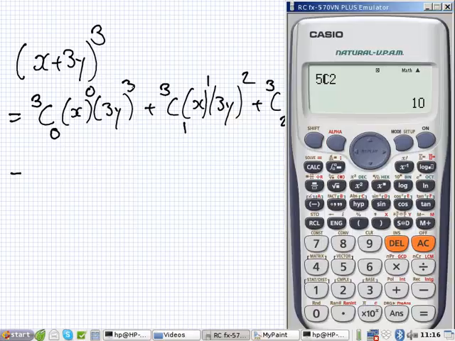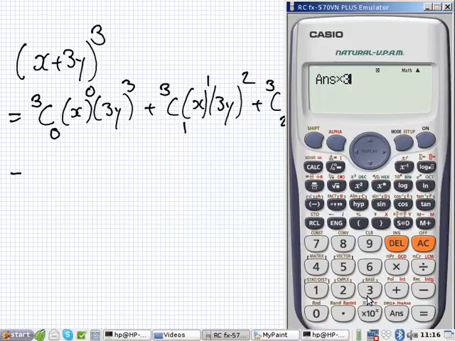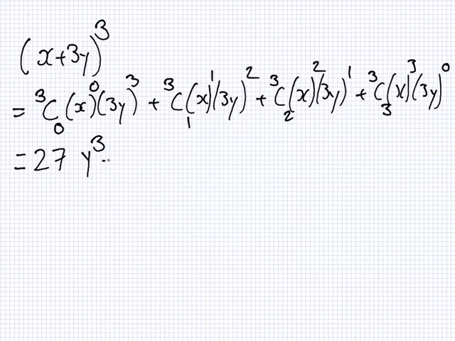So the first one will be like this. 3C0, which we know is 1, times 3 cubed, which is 27. So the first one would be 27, with a 1 and y cubed. Likewise, this is 3 times 9, so I think this is also 27. Yep.